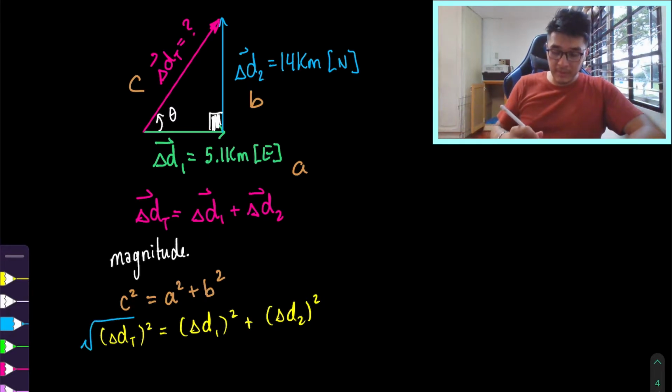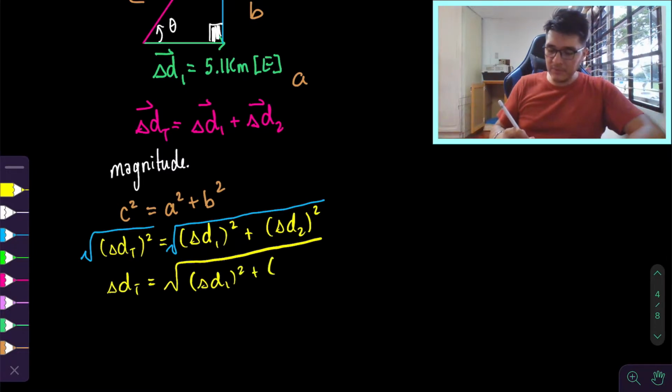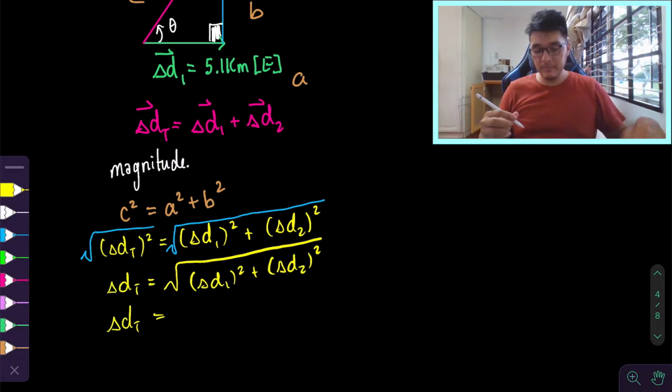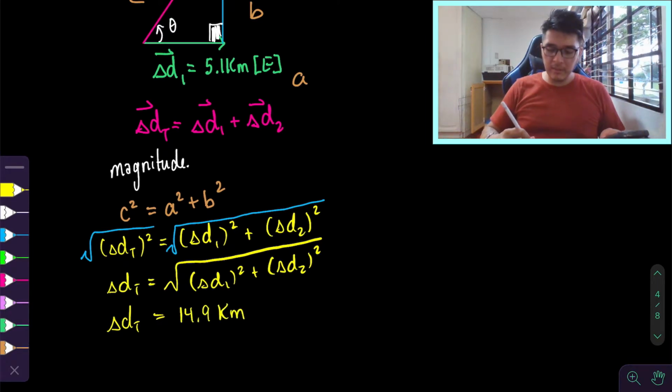Taking the square root on both sides, this gives us that the total displacement is the square root of the first one squared plus the second one squared. So at this point, all we have to do is put in the values so we can calculate it. So we get approximately the magnitude is 14.9 kilometers.